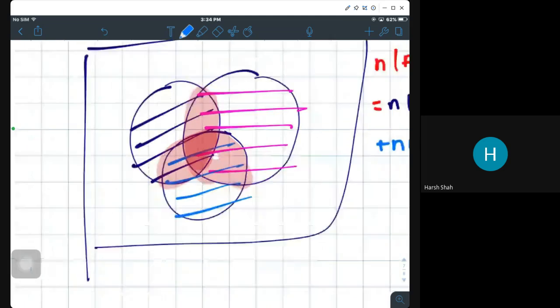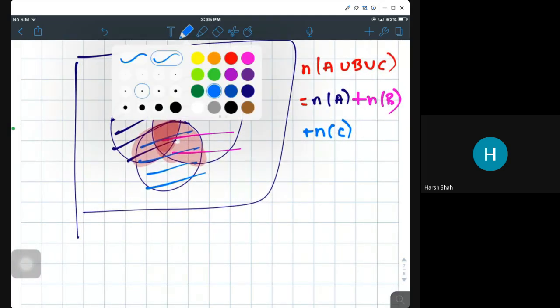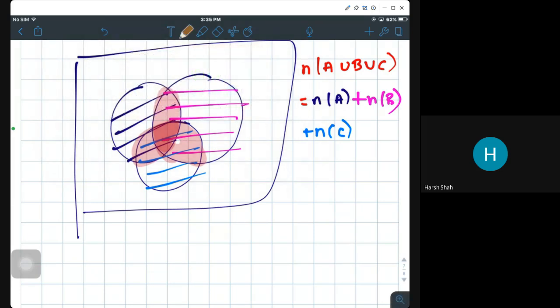So I'll subtract them one by one: n of A intersection B, n of B intersection C, n of A intersection C.